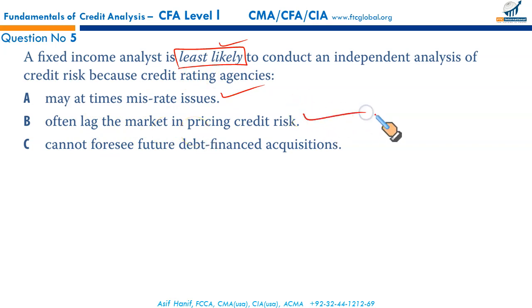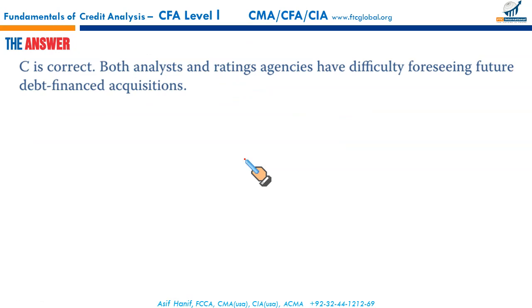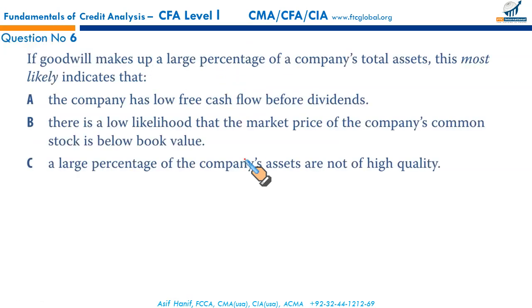This is true as well. That is the reason why an analyst would like to conduct her own independent analysis. Because credit rating agencies cannot foresee future debt financed acquisitions. Now this is incorrect. This is least likely because both analysts and rating agencies have difficulty foreseeing future debt financed acquisitions. So that is least likely to happen. So that makes C our correct option.